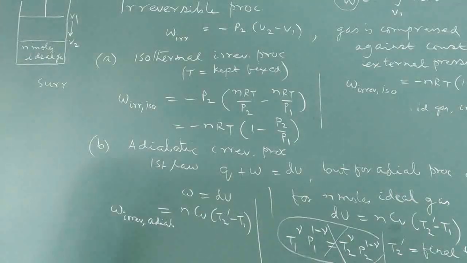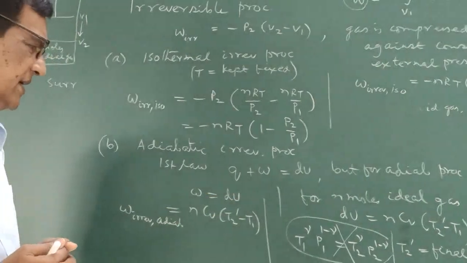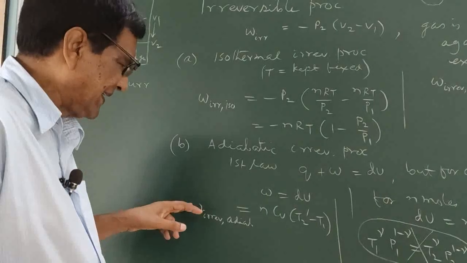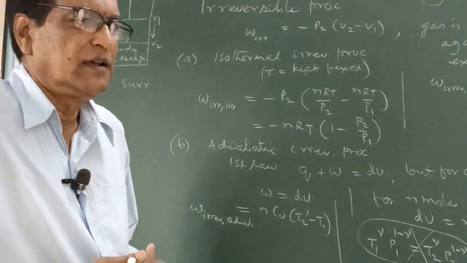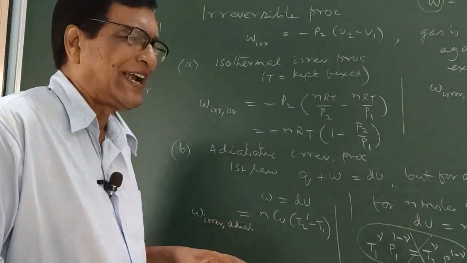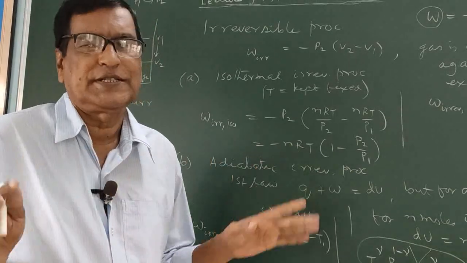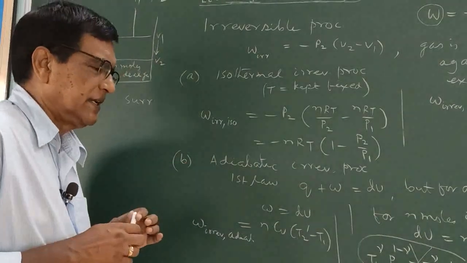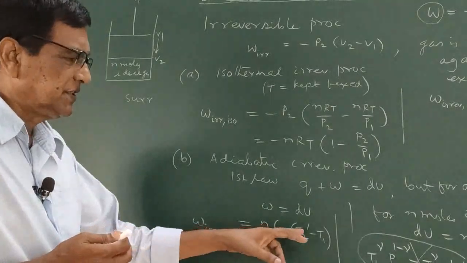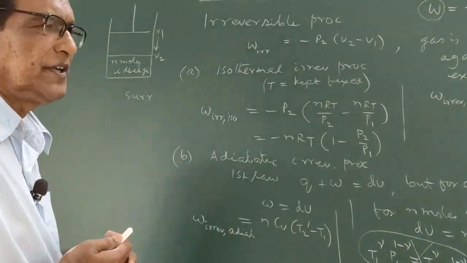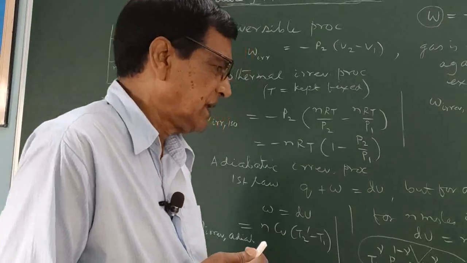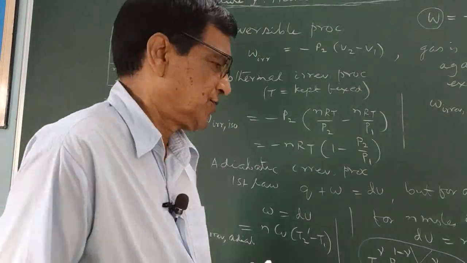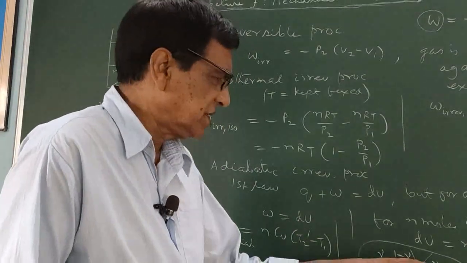If we can determine this T2 dash, then the magnitude of the work for this irreversible adiabatic process can be determined. Now let me see how this T2 dash can be calculated by using the first law of thermodynamics for this ideal gas. This relation is not valid.